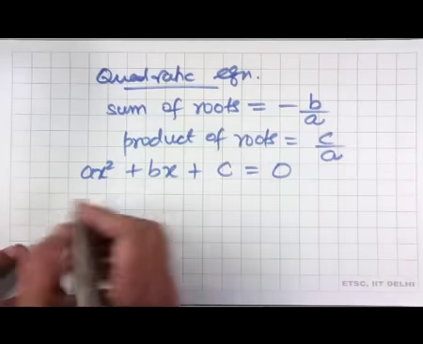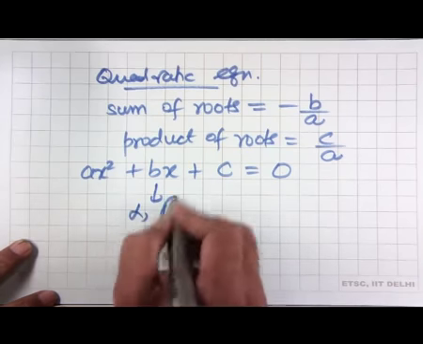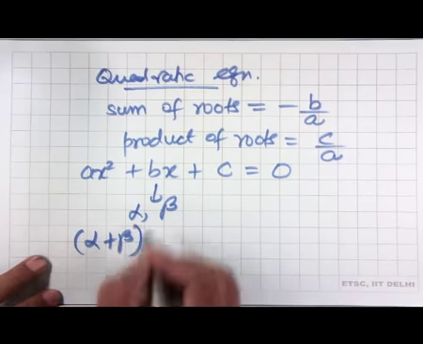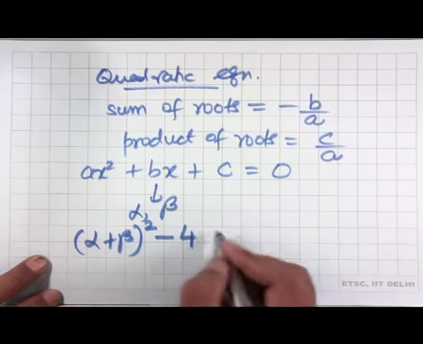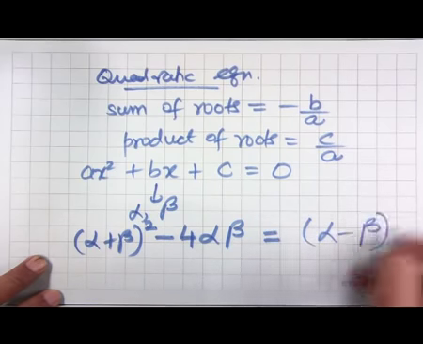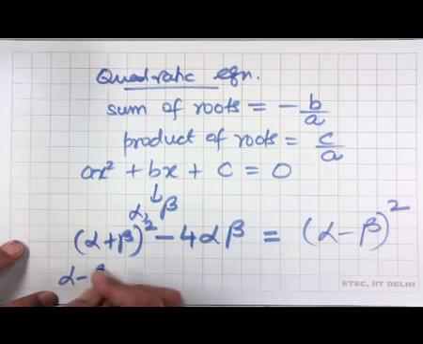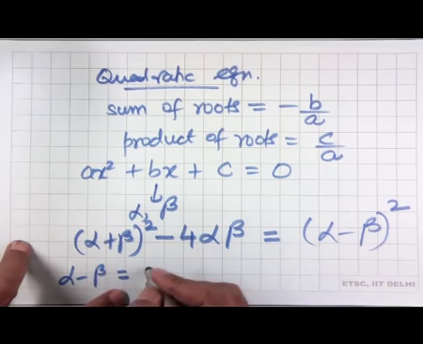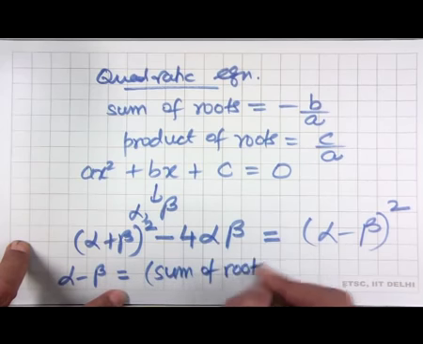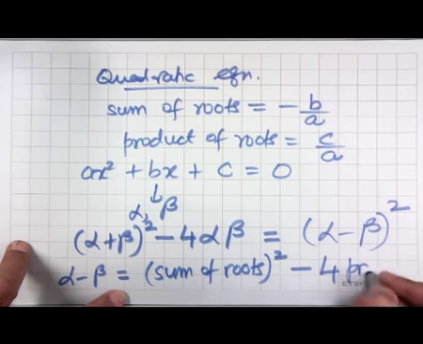Let us say the 2 roots of this equation are alpha and beta. Then alpha plus beta whole square, minus 4 times alpha beta, will give me alpha minus beta whole square. So, if I need alpha minus beta, I need to take the sum of roots, square it, and subtract 4 times the product of roots.